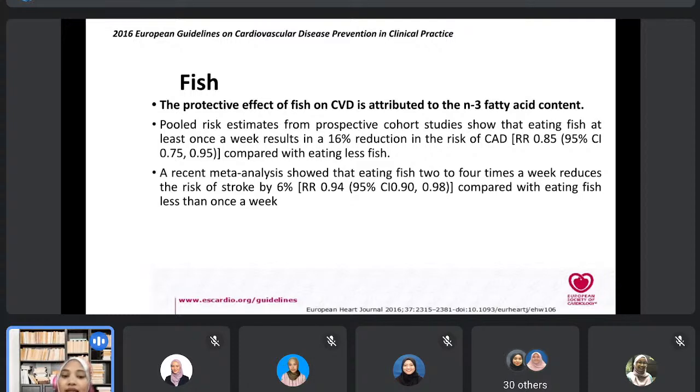And a recent meta-analysis showed that eating fish 2 to 4 times a week reduced the risk of stroke by 6% compared to those who eat fish less than once a week. So, again, we need to eat more fish as compared to red meats ataupun seafoods ataupun chicken.